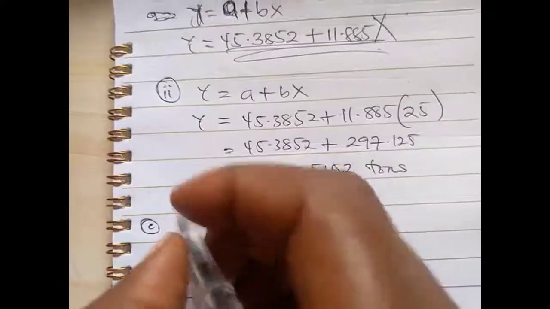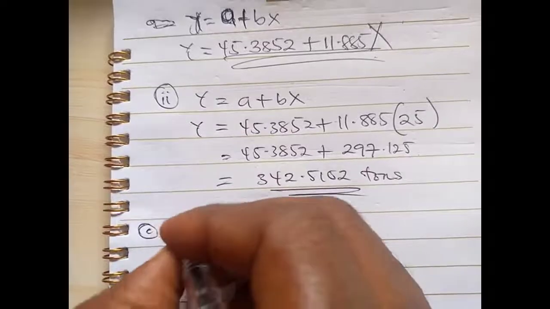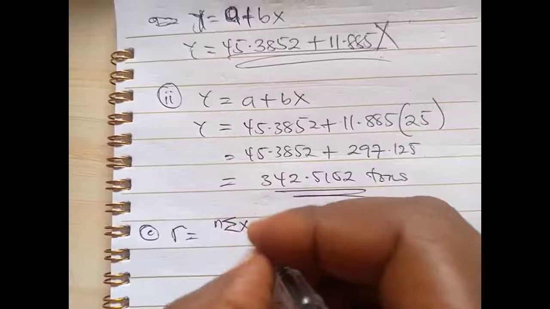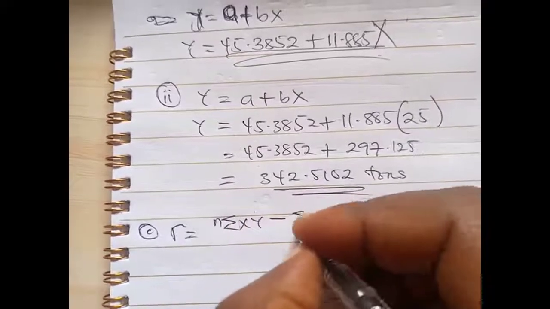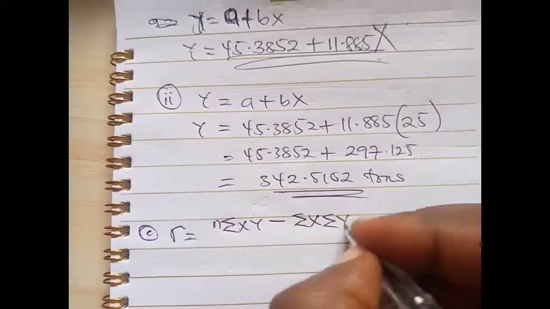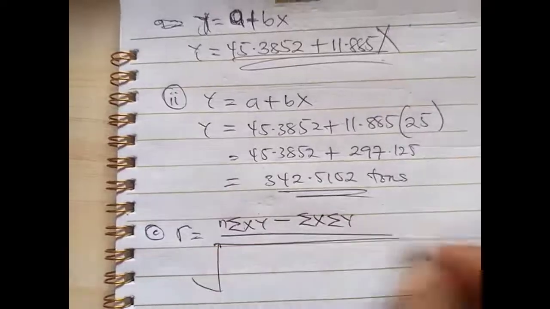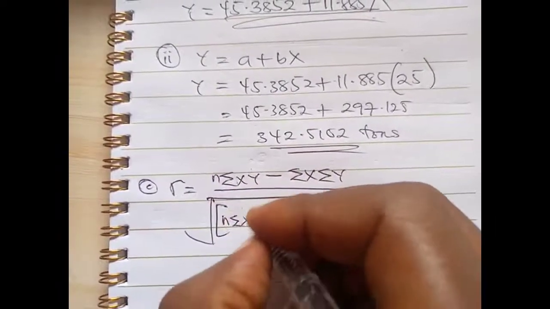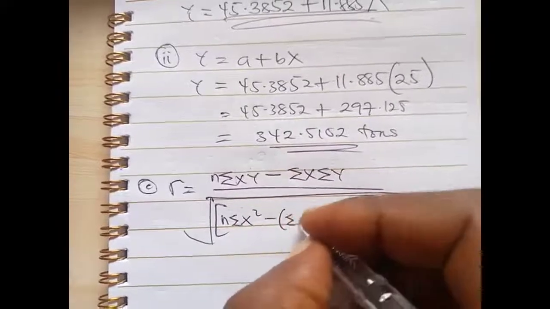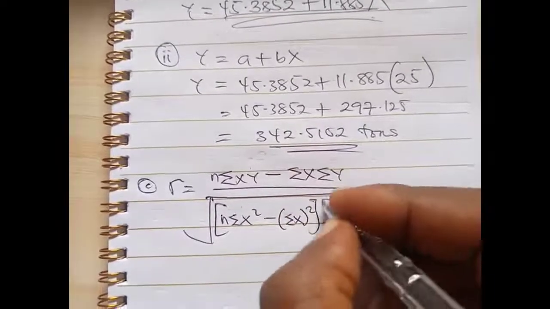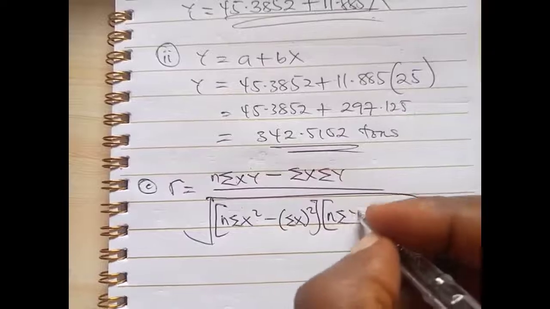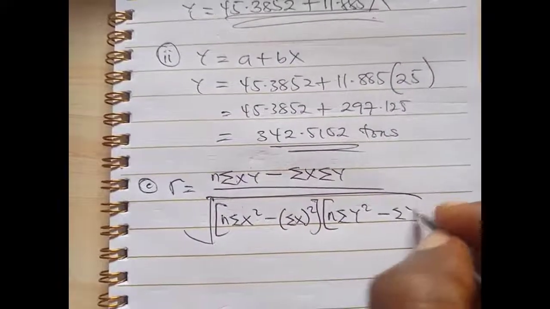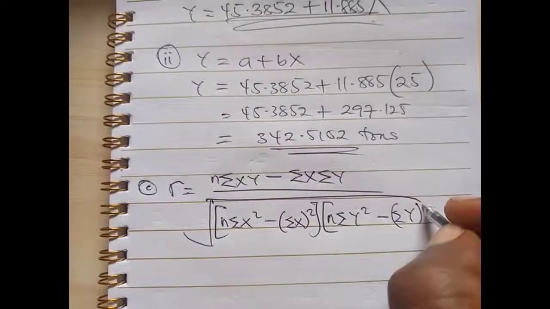So for us to do that, we use the formula that strength of relation, that's correlation, is given as r equal to n summation xy minus summation x summation y over square root of n summation x squared minus summation x all squared times n summation y squared minus summation y all squared.